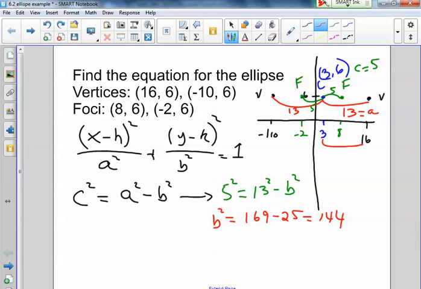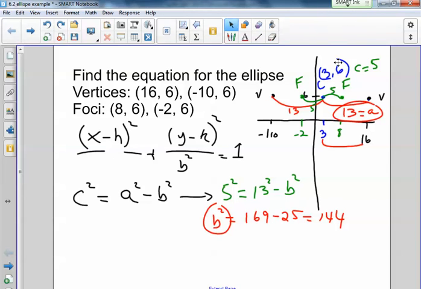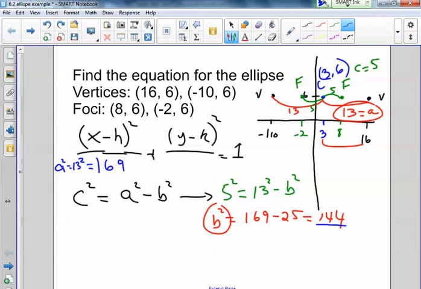So now I have everything. I have b squared, I have a, so I can start substituting. a squared is what? If a is 13, then a squared equals 13 squared, which is 169. For b, I already know b squared is 144, so I didn't even change it.